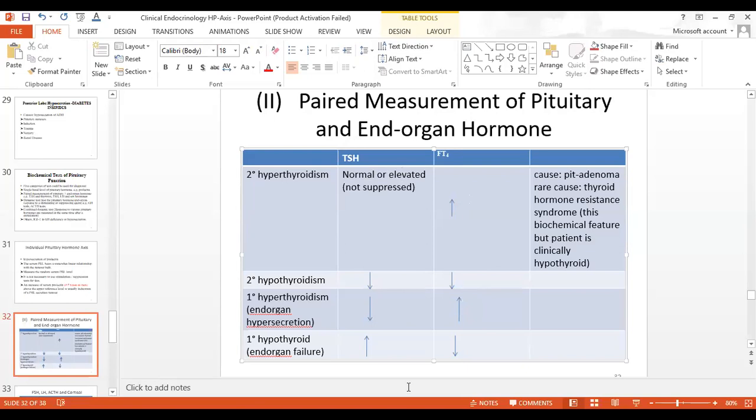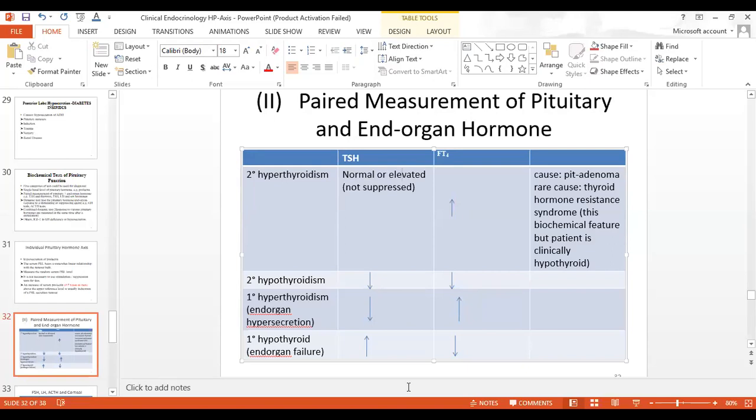Hypothyroidism, we could have primary and secondary. If you say primary hypothyroidism, the problem is with the thyroid gland. The thyroid gland is not producing enough thyroxine hormone. Therefore, it's going to give a feedback to the hypothalamus to produce a lot of TRH, and the TRH will cause the anterior pituitary to produce a lot of TSH.